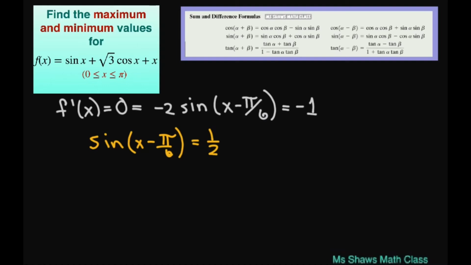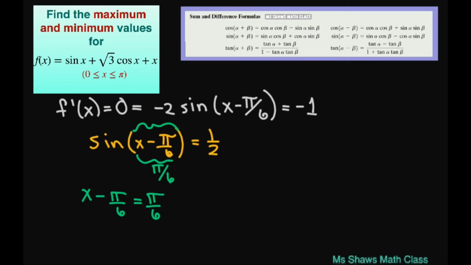We want whatever this angle is to be 1/2, and that occurs at pi divided by 6. So we're going to set x minus pi divided by 6 equal to pi divided by 6.